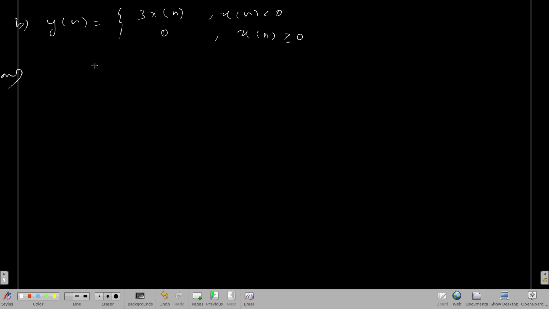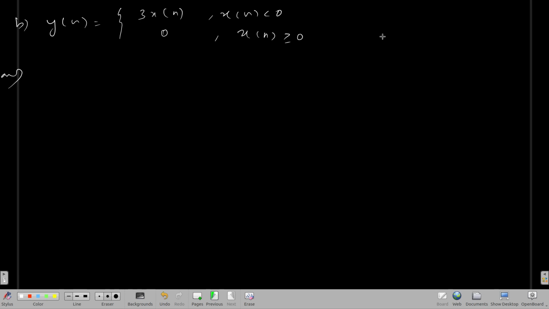So this may look like a linear system because we are having 3 into x of n, but we have to see for what values it is, right? It is 3x of n for x of n less than 0 and 0 for x of n greater than or equal to 0, right? So it is not exactly linear, right?